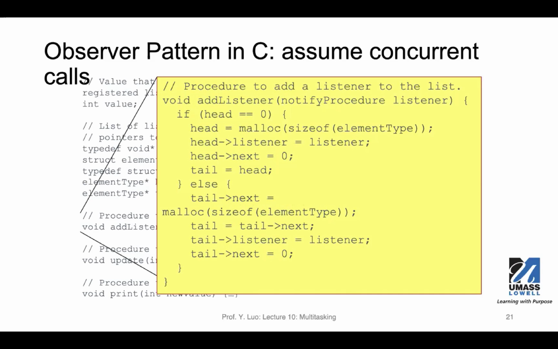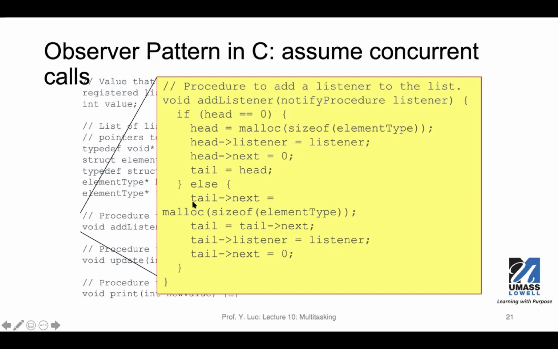Now, unfortunately, at this point the thread scheduler decides to suspend the current thread, so it's not executing the next line. Thread B is now being executed. Thread B also gets to this point, executes this allocation, and assigns this newly allocated memory to the tail next.